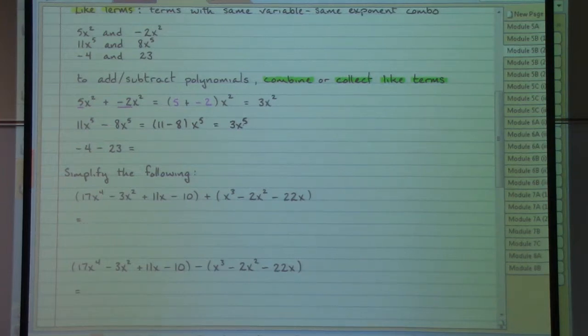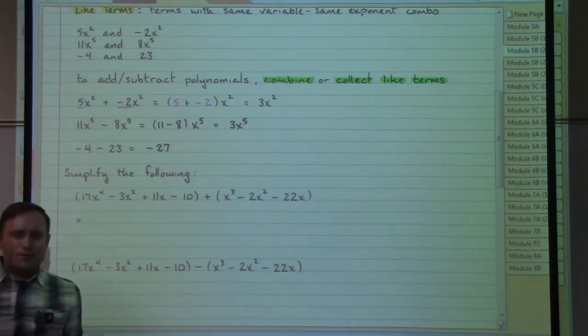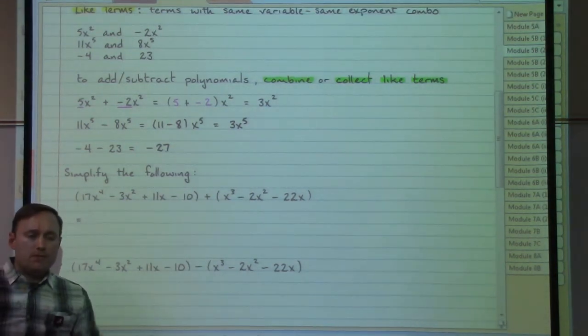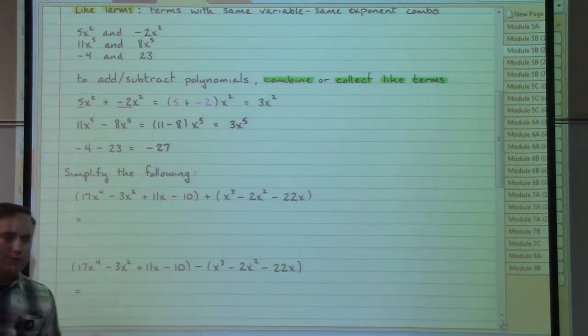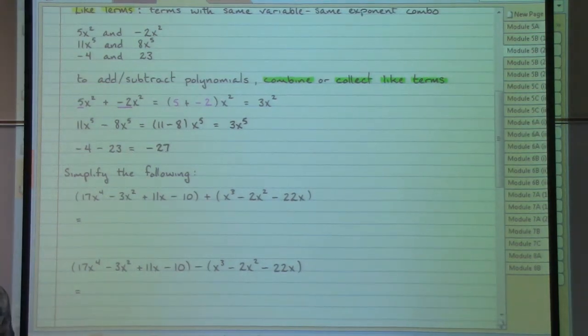And with our plain old numbers, a negative 4 minus 23, those are like terms, and we can combine those together. If we've got several different kinds of terms, whatever can be put together gets put together using like terms. Whatever is different stays separated.